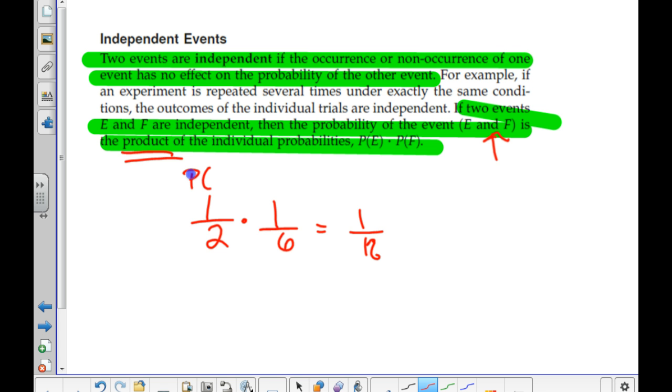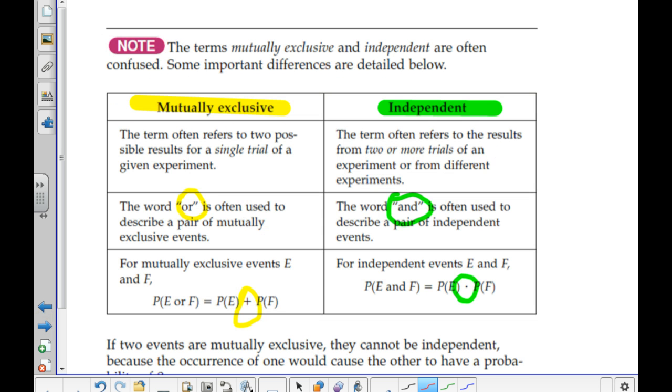So this is probability of tails times probability of rolling a 6. So the probability that you get tails and a 6 is 1/12. Those are independent events. Here's a little chart, okay?